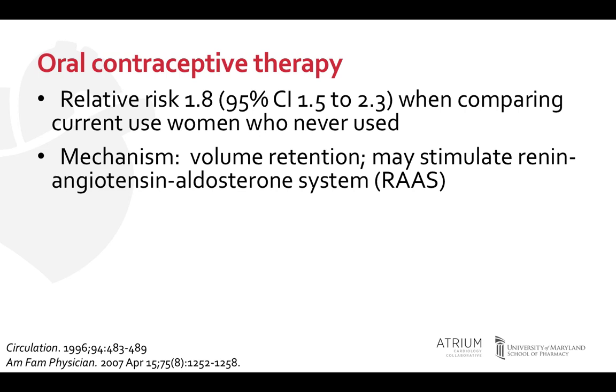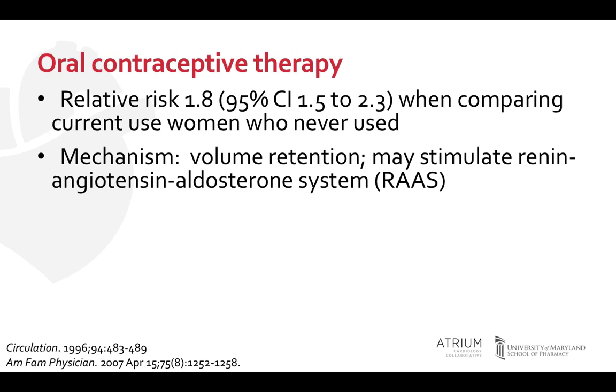The risk factors for developing hypertension associated with oral contraceptive therapy are women who developed hypertension during pregnancy. There's a family history of hypertension. Other risk factors include cigarette use, obesity, comorbid conditions such as diabetes and renal disease.